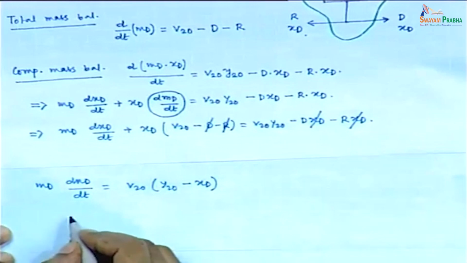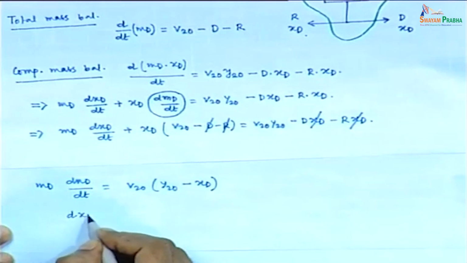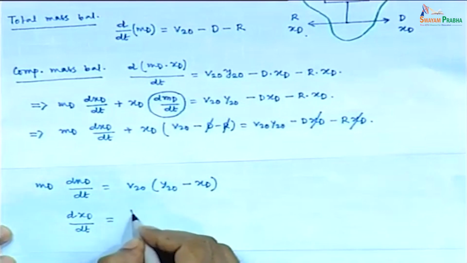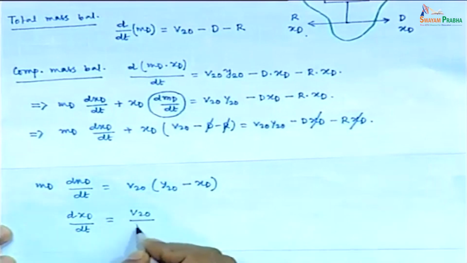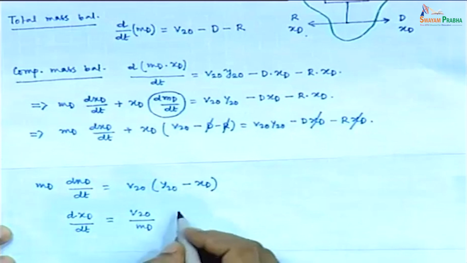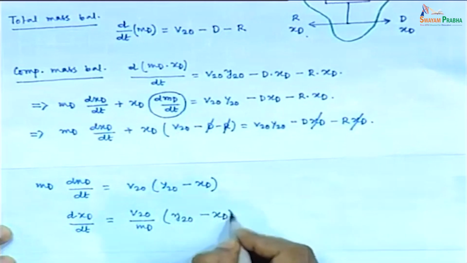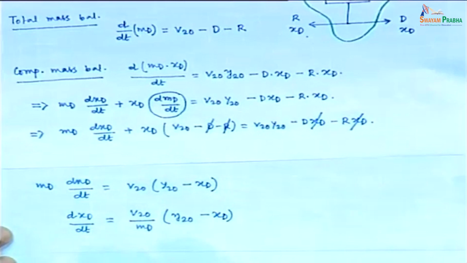If we further simplify, we will get dxD/dt equal to V20 by MD times (Y20 minus xD). So, this is the final form of the component mass balance equation for the first envelope.